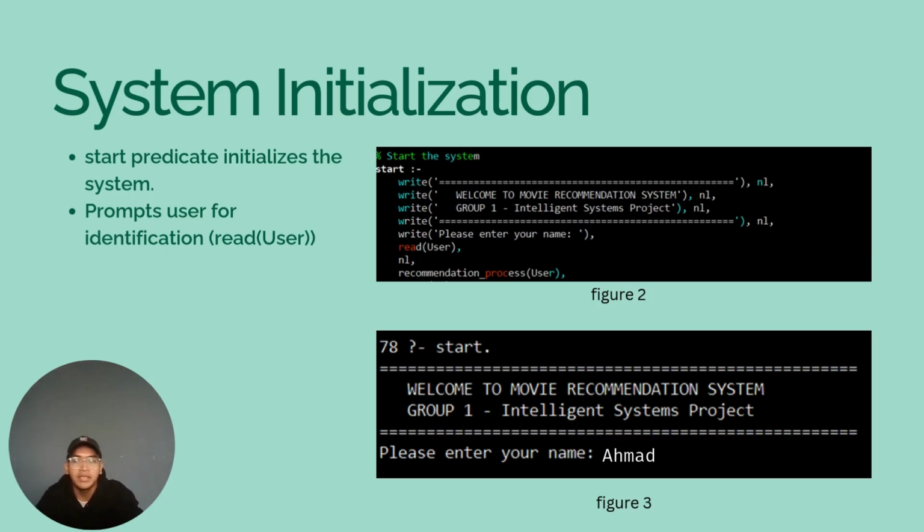Apart from that, in figure 3, you can see the actual system interface. Here, a user named Ahmad enters his name. This step is important because it creates a personalized session for Ahmad. It ensures that his data, preferences, and recommendations are stored separately and not mixed with others.